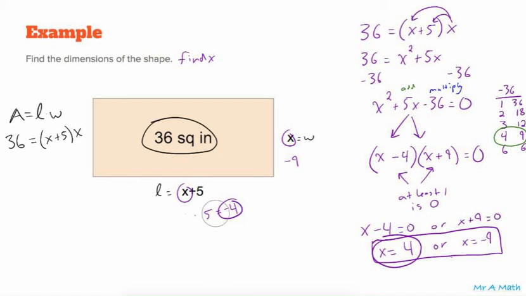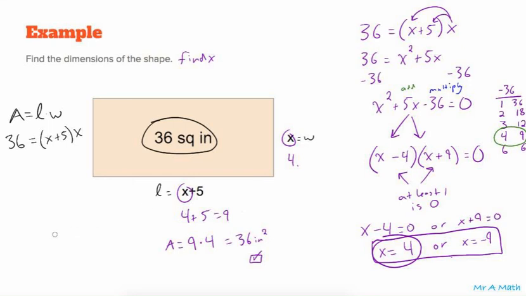Let's erase this, get this out of here. Let's plug in x equals 4 and see if that works for our situation. So 4 plus 5, that's going to give me 9, and then I have 4 here for my width. So if my area was the length times width and it was 9 times 4, that means that it would be 36 inches squared, which is my original answer.